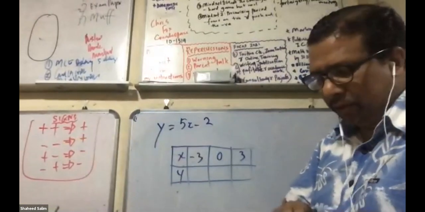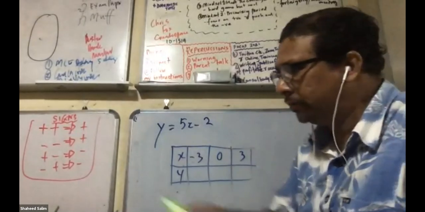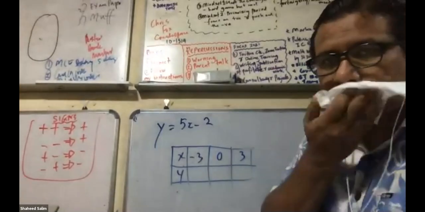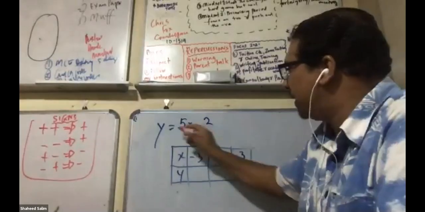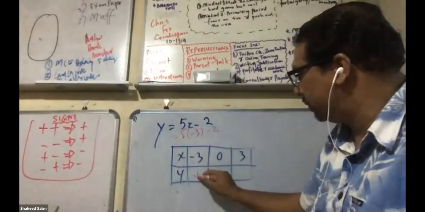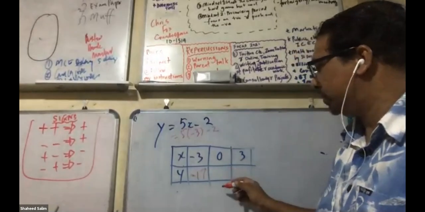What's the answer for minus 3? What value for y? Negative 17. Let's see. Minus 3, so I put in here 5 times negative 3. Okay, negative 17. Well done.